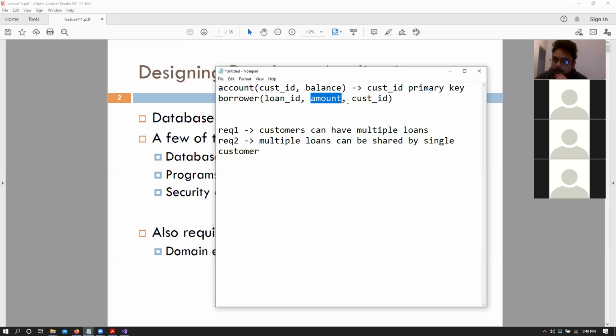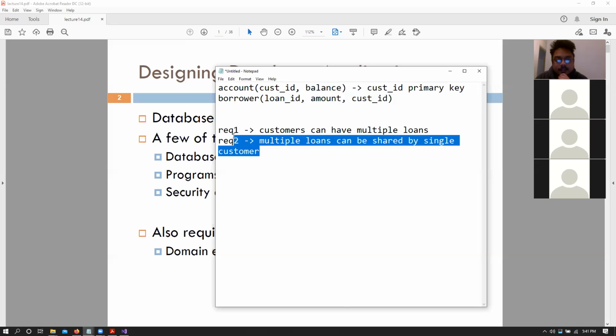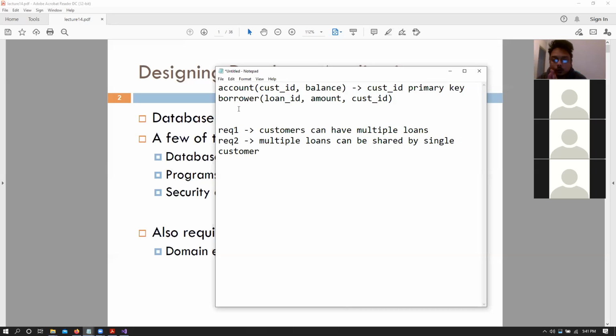Would amount be my primary key? Would customer ID be my primary key? Would all three be my primary keys? I need to satisfy these two conditions. Is the question clear as in what we are trying to do?